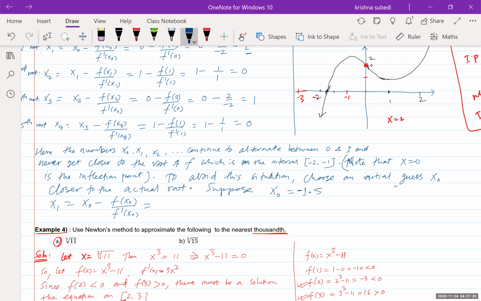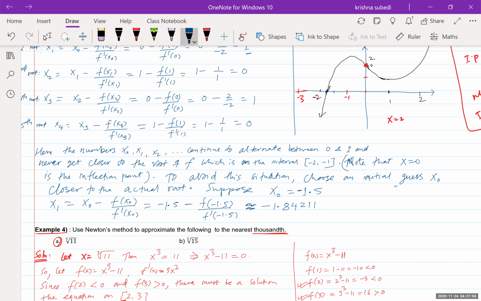So x1 is -1.5 minus f of -1.5 over f prime of -1.5, which gives me, let me put this in my calculator, approximately this much. And it makes sense. This is close to -1.8, the actual root.